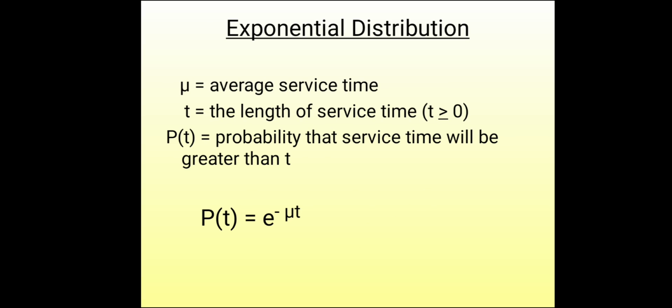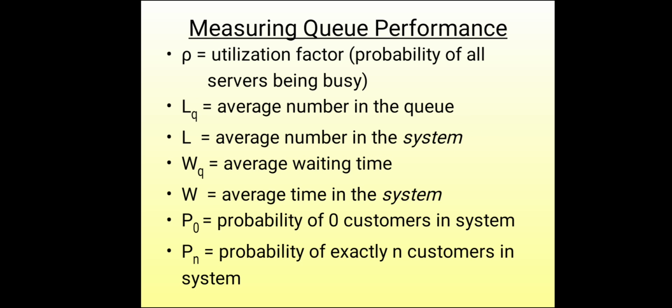Then exponential distribution. So mu is the average service rate, t is the length of service time, and the probability that service time will be greater than t is P(t), where P(t) is e raised to minus mu t. Measuring queue performance: rho is the utilization factor, that is the probability of all servers being busy.